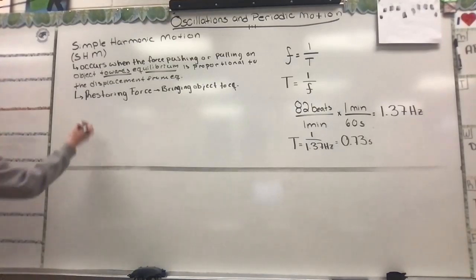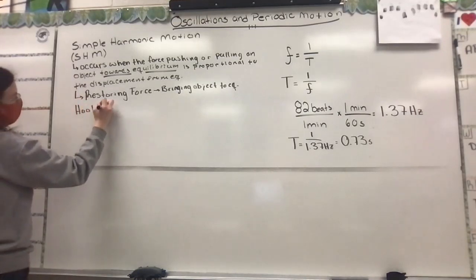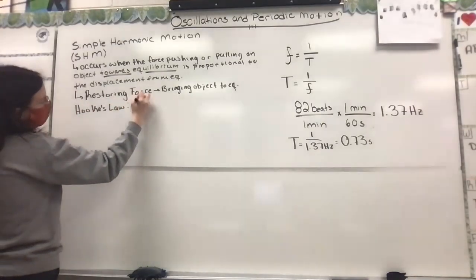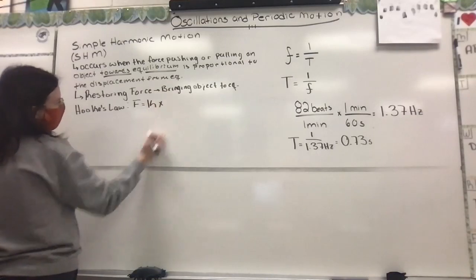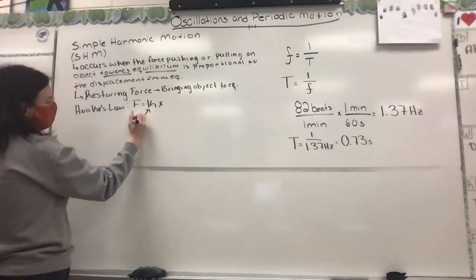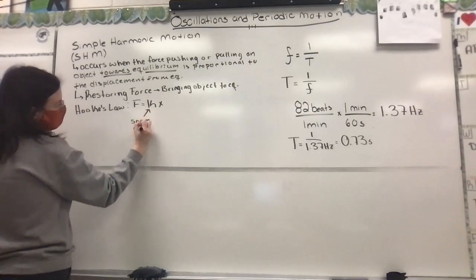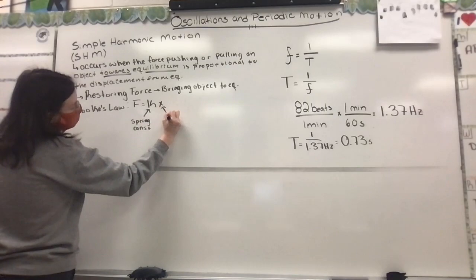One of the equations we're going to use to represent this is called Hooke's law. And Hooke's law says that our force is equal to k times x. What do you think the k stands for? The spring constant. What do you think the x stands for?